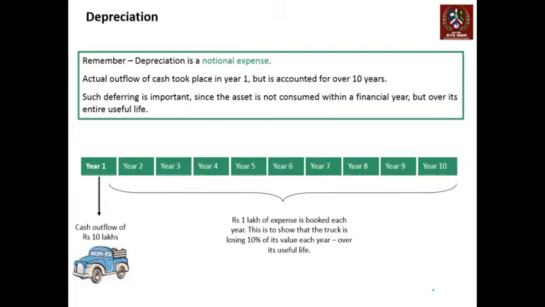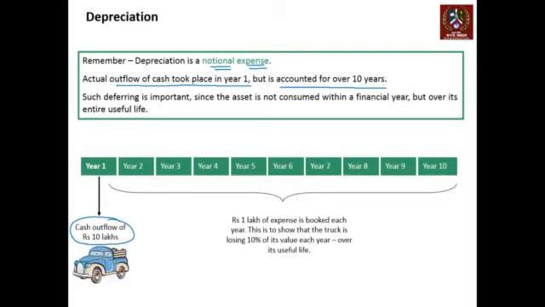Now remember that depreciation, however, is a notional expense, right? The actual outflow of cash took place in year one, but it is being accounted for over 10 years. So in the first year, when you bought the truck, there was a cash outflow of 10 lakhs.